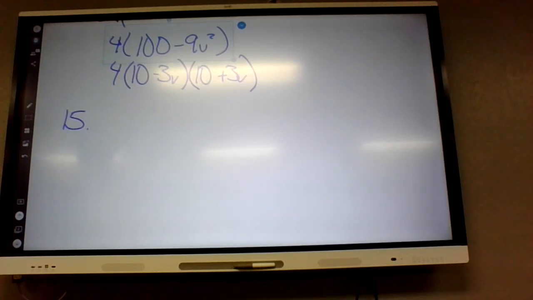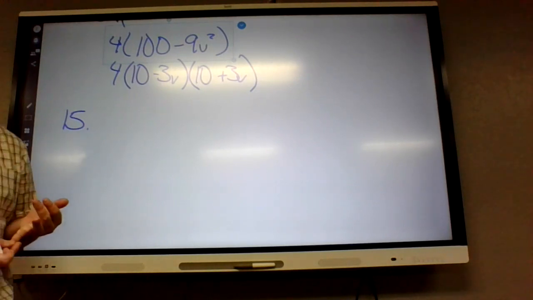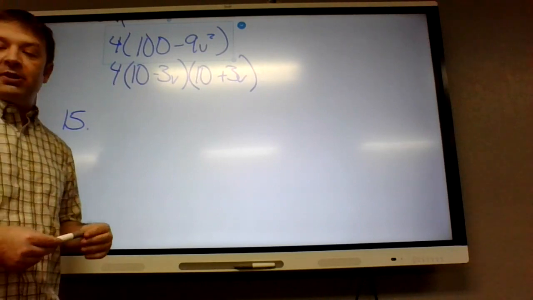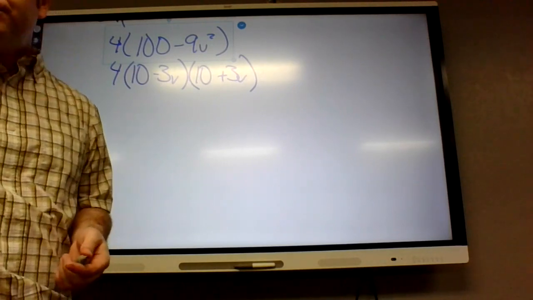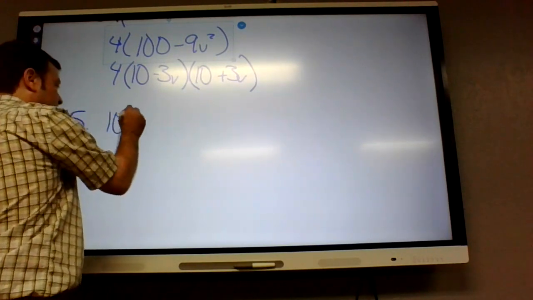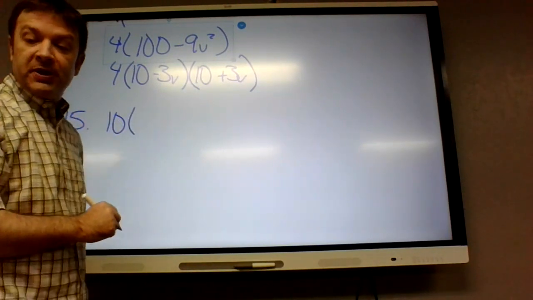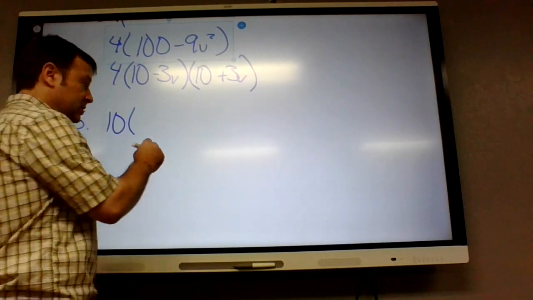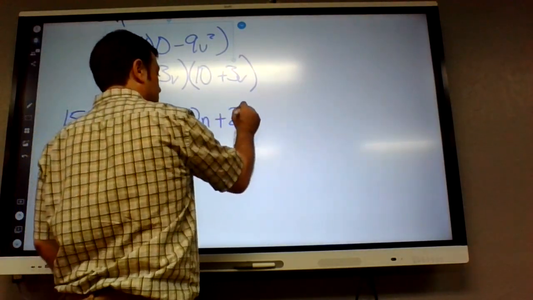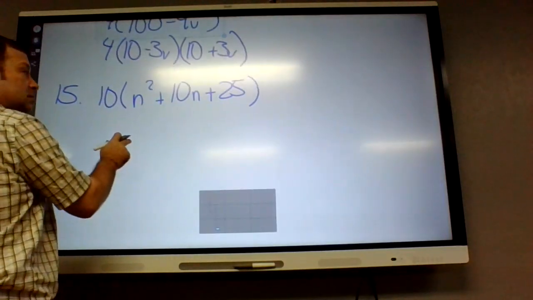12 is kind of like the easier version of number 15, so we're almost about to do one like 12. What could I take out on 15? 10. Looks like a 10 will come out because they all end in a 0. So if we divide all those by 10, we get n squared plus... 10.